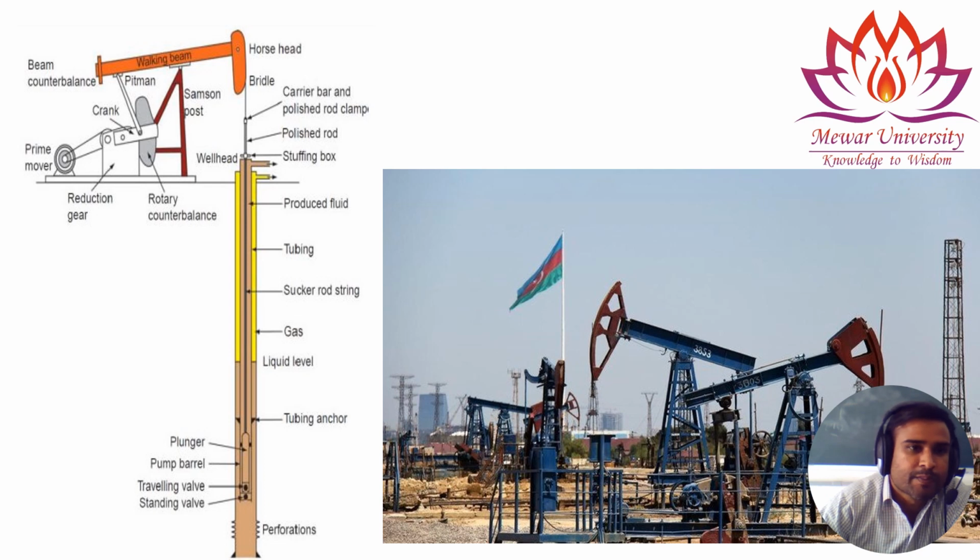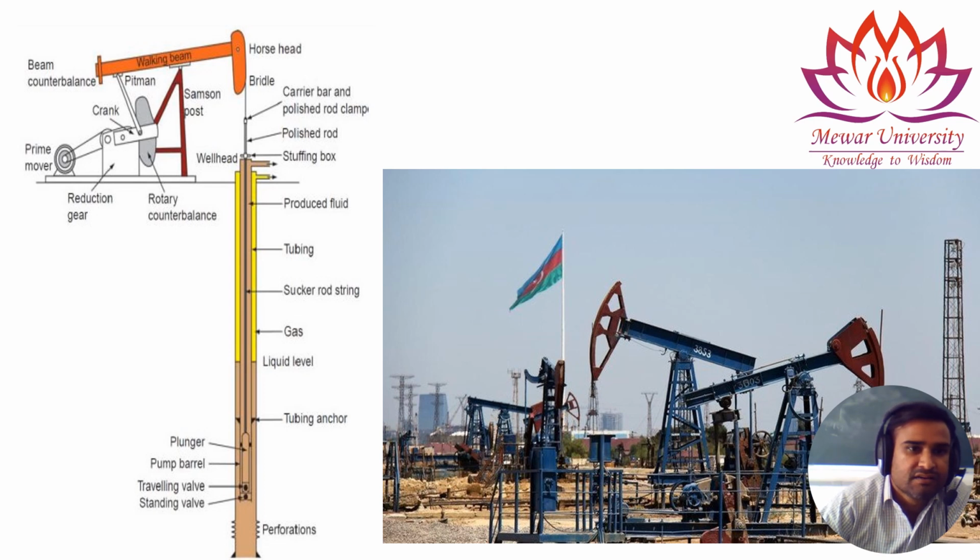This will push it up and pull it down. This is called a walking beam, and this one is called a horse head. It will go down and then it will pull up.